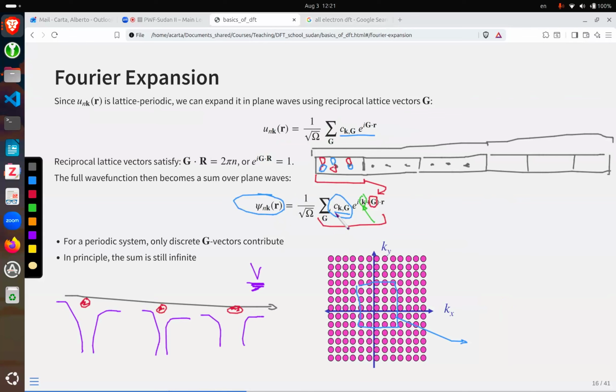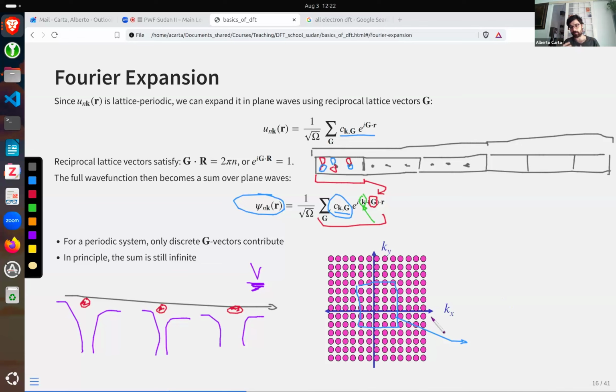This is in principle infinite. The G vectors are an infinite set of wave vectors that one can throw into the equation. But of course, if we do things with computers, we cannot have an infinite amount. We need to truncate at some point.